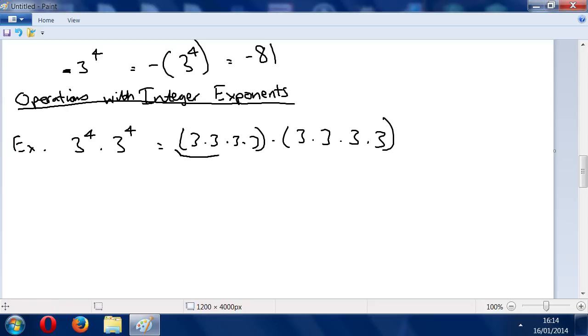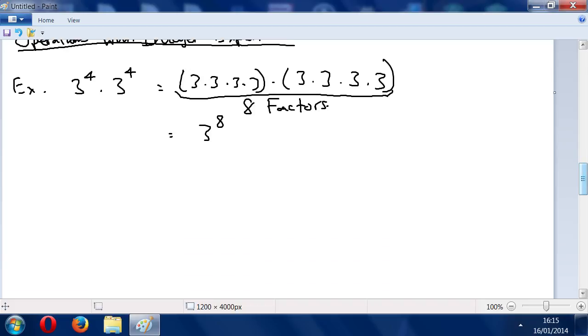And we can see there's 8 equal factors here. So that's going to be 3 to the 8th power. Obviously this will work in all cases, so we can write the rule.